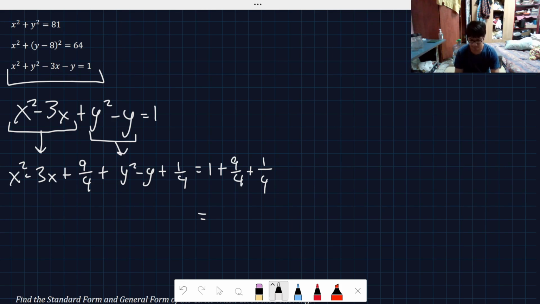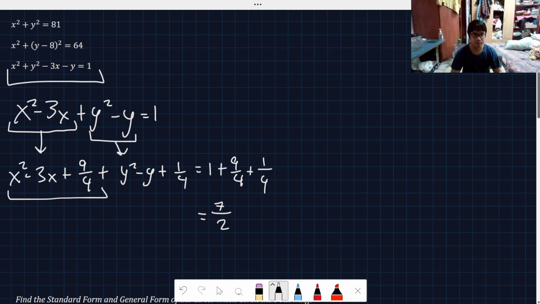All right, just give me a second. So this is 1 plus 9 all over 4 plus 1 all over 4. So this is 3.5, or in other words, 7 all over 2. Okay, 7 all over 2. Now on the left side, we can simplify this.